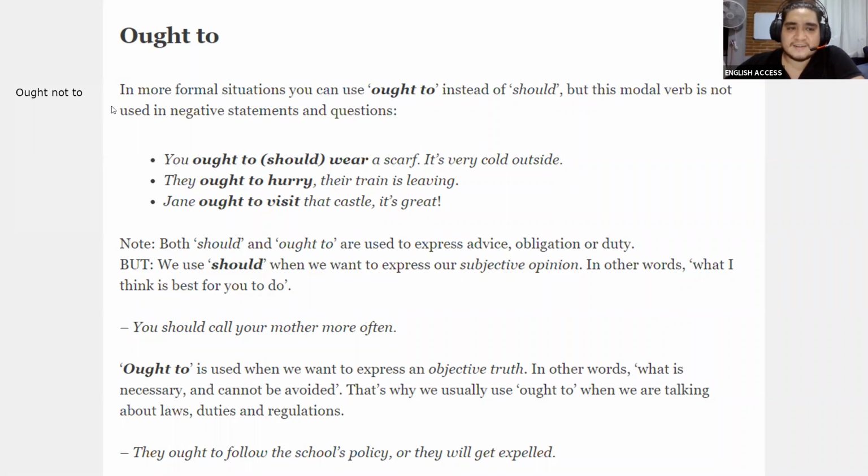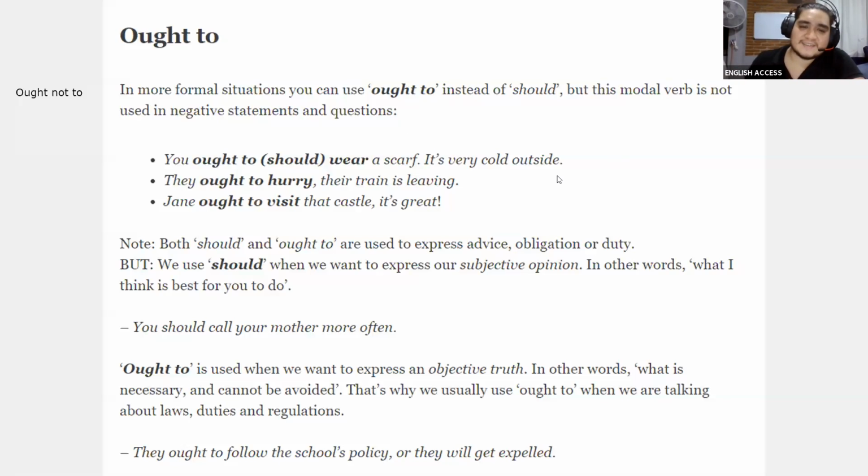So there are some other modals to say this in the negative, which we have in English, for example should. It is just more common to use shouldn't than to use ought not to.